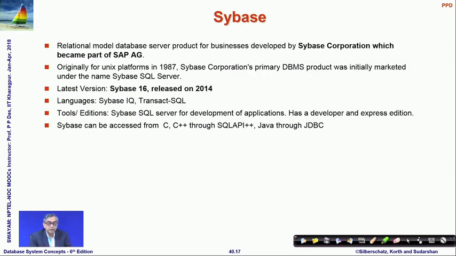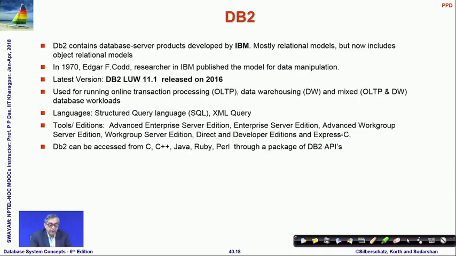Sybase also started in 1987. So, that is almost 30 years, but it is less vibrant right now. The last stable release happened in 2014, more than 3.5 to 4 years ago. But Sybase has been a very good database system for programming through APIs, and it has really good support for that.